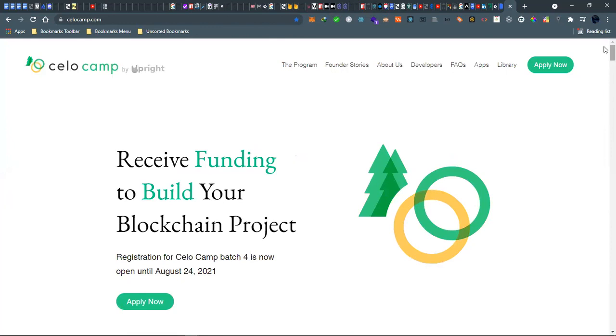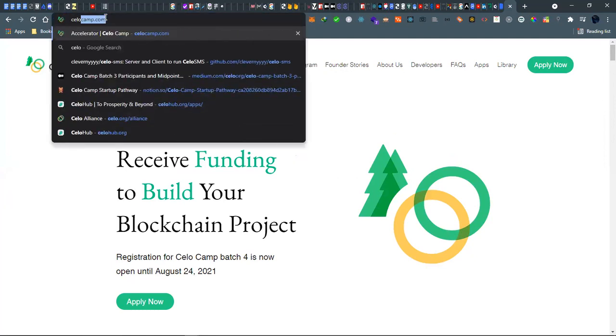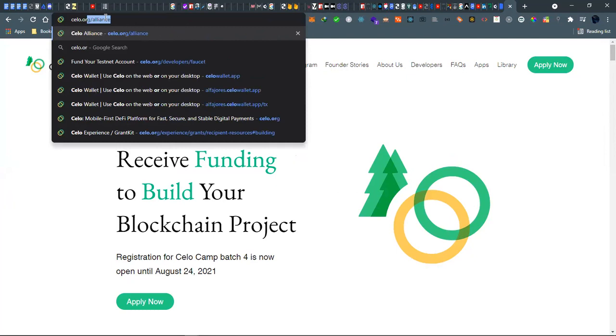And it doesn't really mean that you must be a developer, because in the Celo blockchain they have 4 categories. So whether you are a builder, whether you like exploring, let me show you the other one, clabs.org.